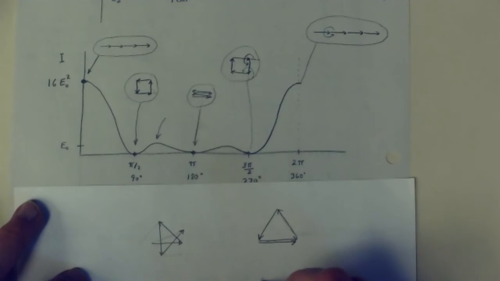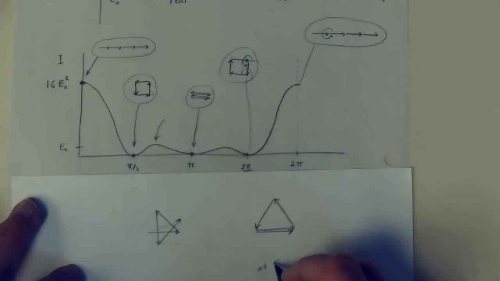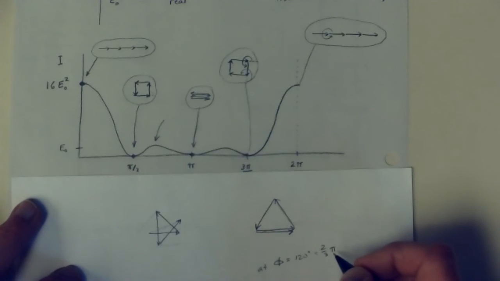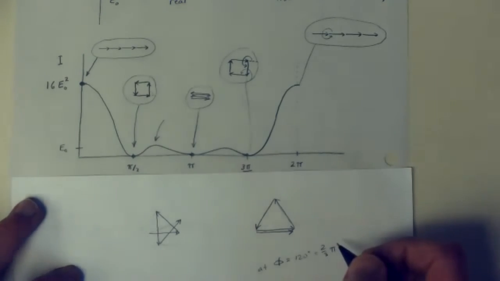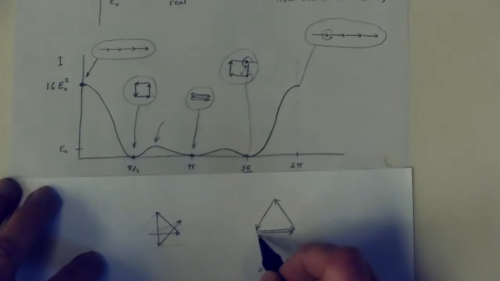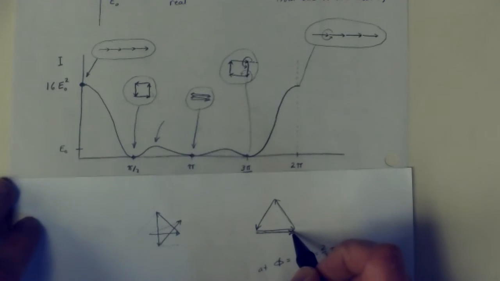So at phi equals 120, what is 120 in pi language? 2/3 pi? I think so, yeah. At 2/3 pi, it means that the output is exactly E0.